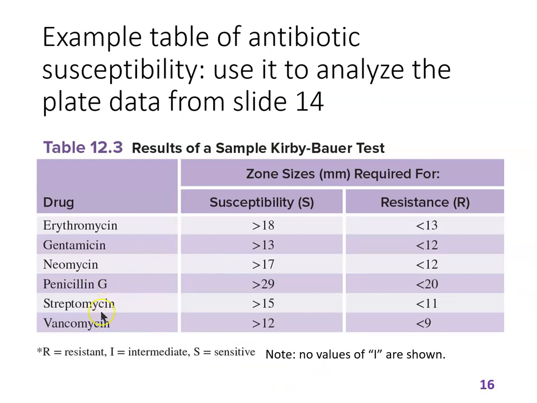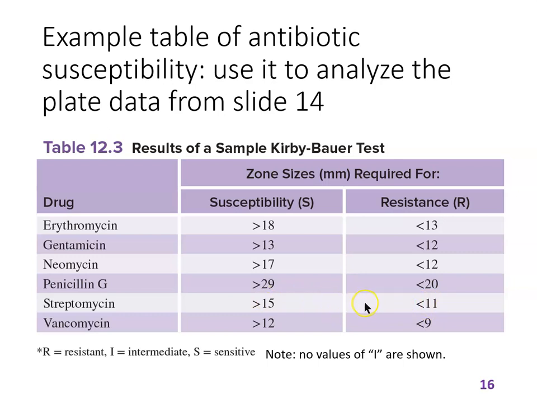And for streptomycin, susceptible cells would be over 15. So we would need to be 16 or higher to call it susceptible. For it to be a good treatment option, we would have to have a diameter of 16 millimeters, and we don't. Instead, we have 13. Well, 13 is still higher than this resistance threshold. 13 is in between susceptible and resistant.